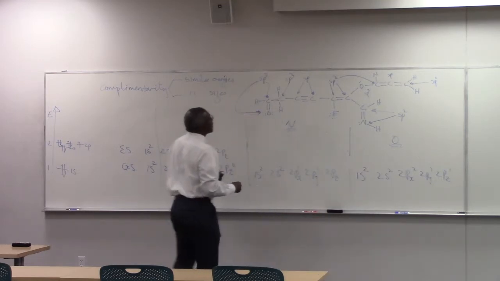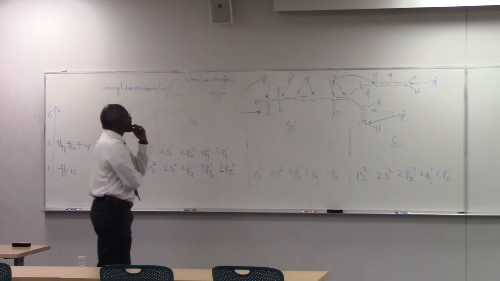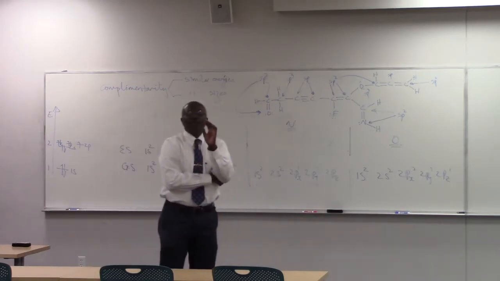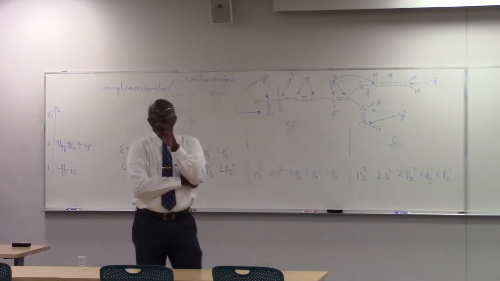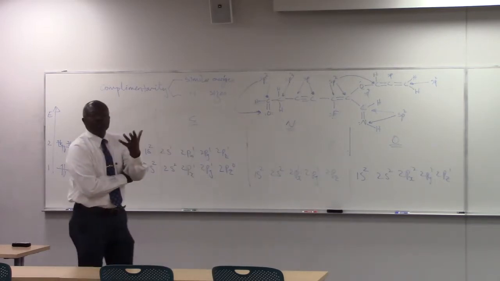I'm going to do two things. I want to get an inventory of all the bonds and all of the valence electrons in this species, which really will include all the bonds as well.